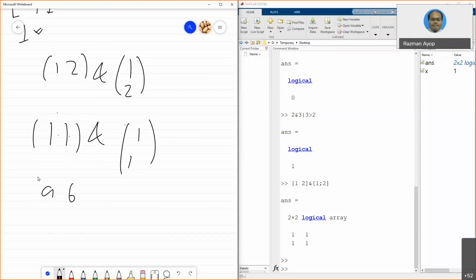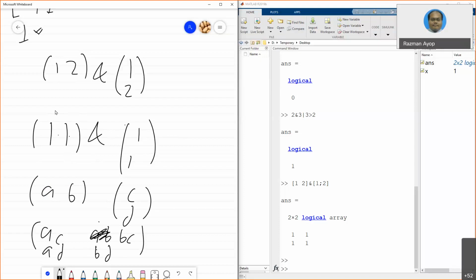A, B, C, D. So you have A, C, A, B. This one is A, D, B. This one is B, C. This one is B, D. Okay, you have to multiply for something like this.